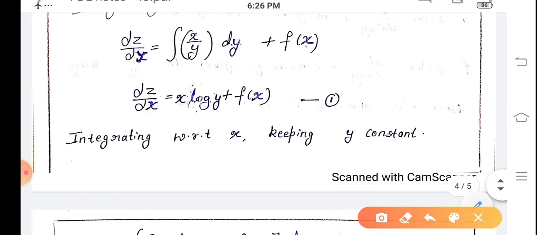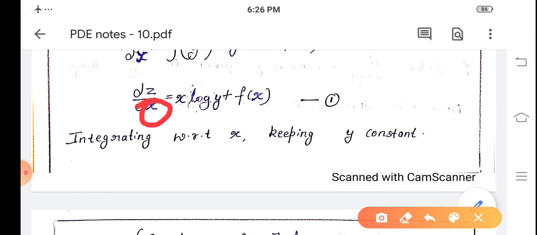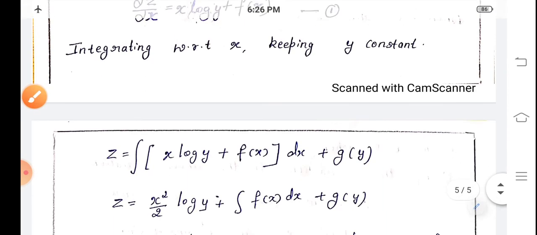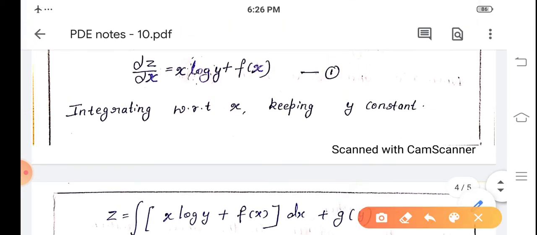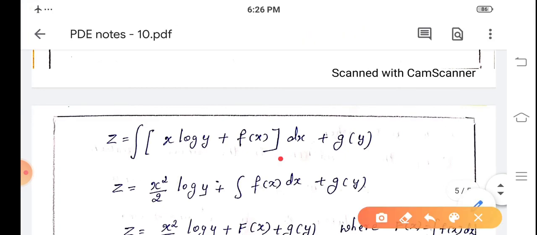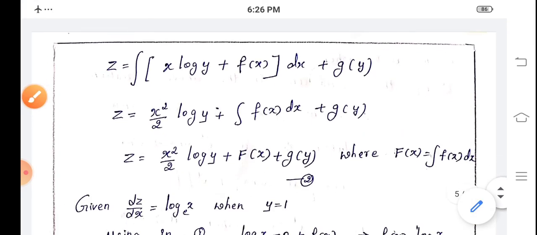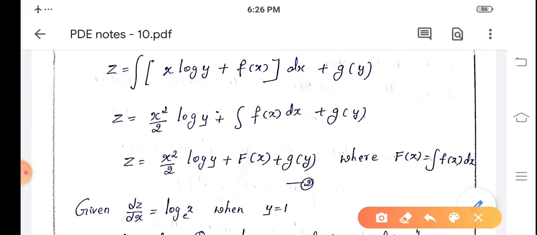Now in the next step, we integrate with respect to x to find the solution for z. So we are getting z equal to the integration of x log y plus f of x with respect to x, plus a constant term, which is a function of y. So on integration, z is equal to, here, integration of x log y with respect to x.